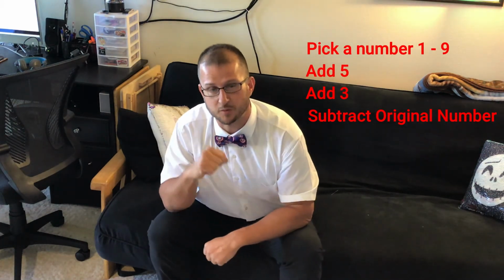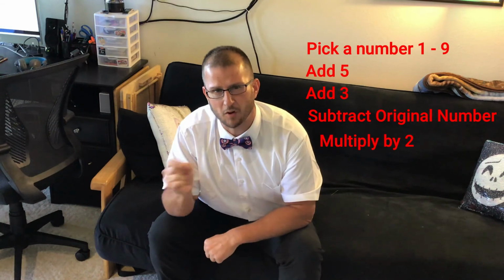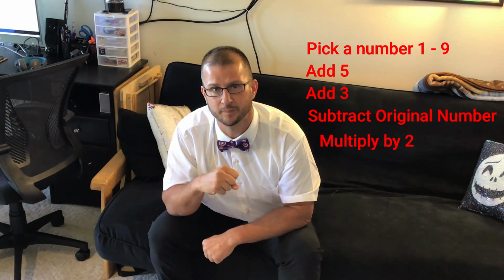So you thought of a number, you've added 5, and now you've added 3. Now I want you to subtract your original number. You there? So you thought of a number, you added 5, you added 3, you subtracted your original number. Now multiply that by 2.